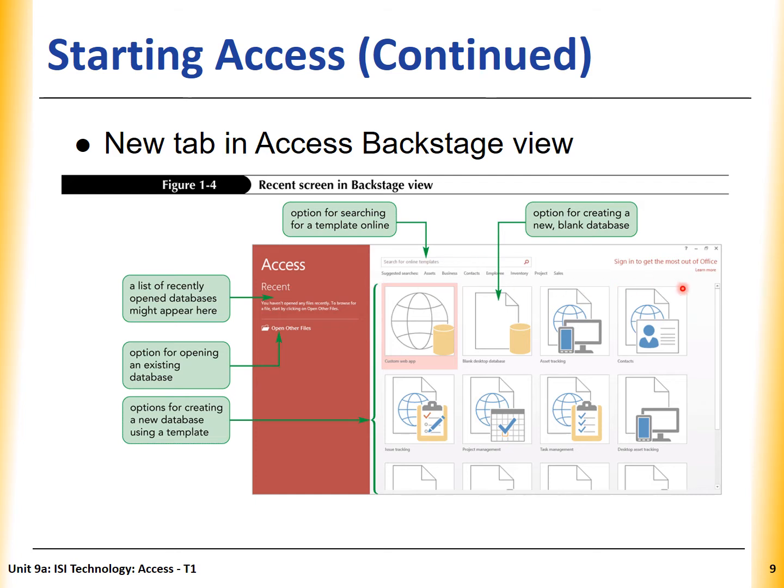All of these are called templates. And here is the list of recently opened databases, which might appear over here if you opened a database before. And here is the option for opening an existing database. So this is the Backstage View.